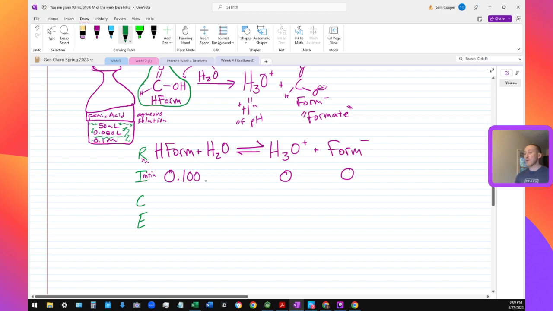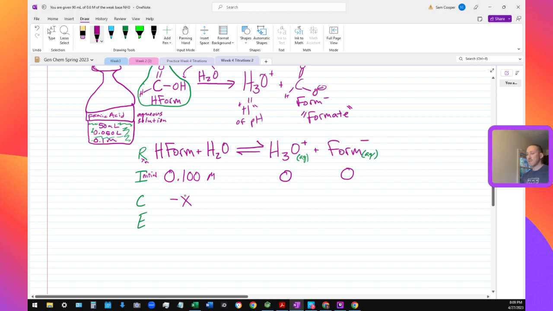But then you suddenly permitted it to interact with water, and, kind of weird that those are green, but so be it, it has a change. It goes from its initial 0.100 molar and has a change where it loses some amount that we don't know what it is.